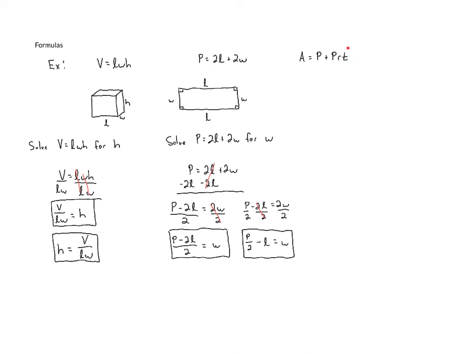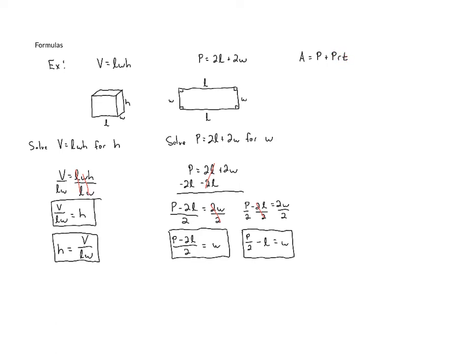We've got A equals P plus PRT. This is a formula that we could use when we're looking at simple interest. If you put money into a bank account and it earns interest, the amount that you end up with is equal to the principal, which is the amount that you invested, plus the principal times the interest rate times the amount of time it stays in.